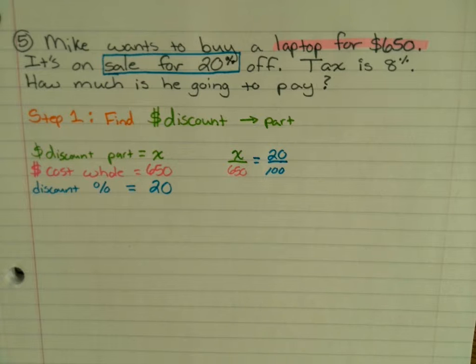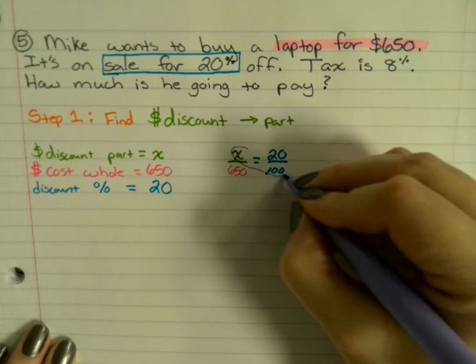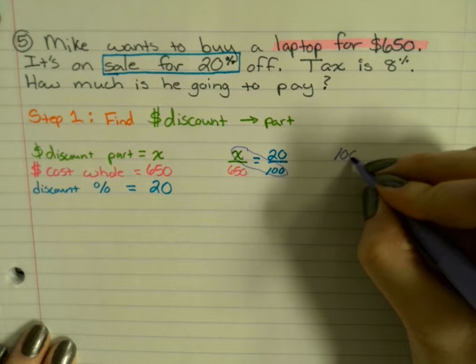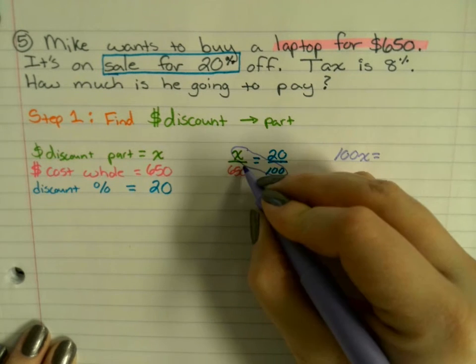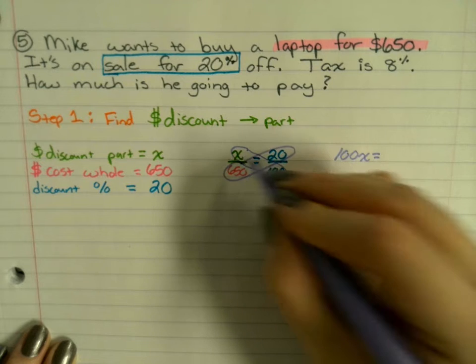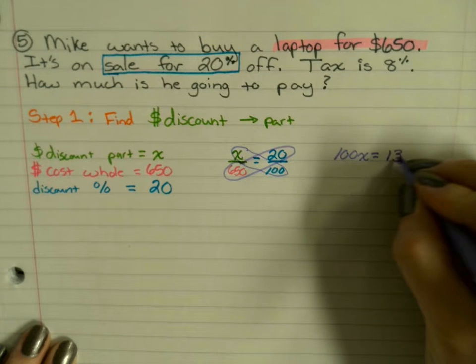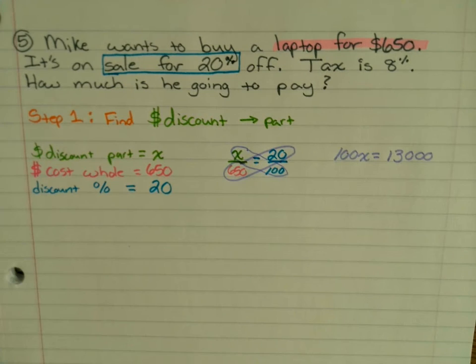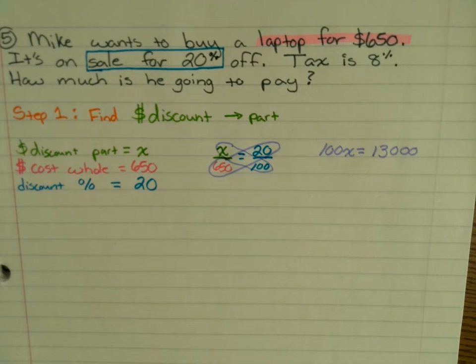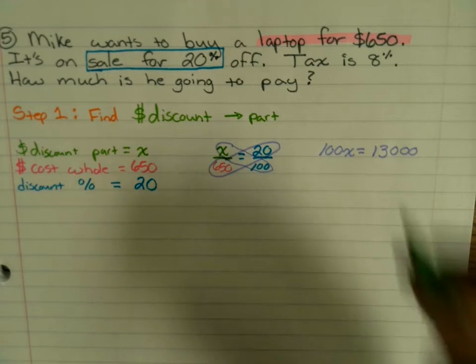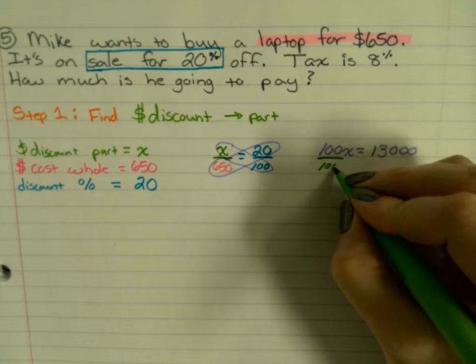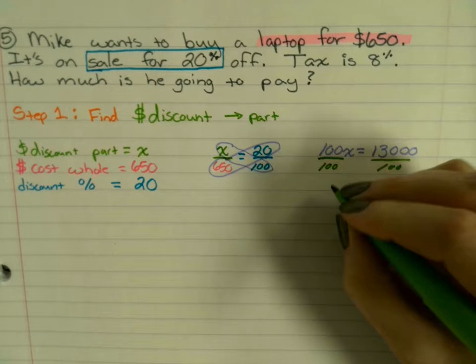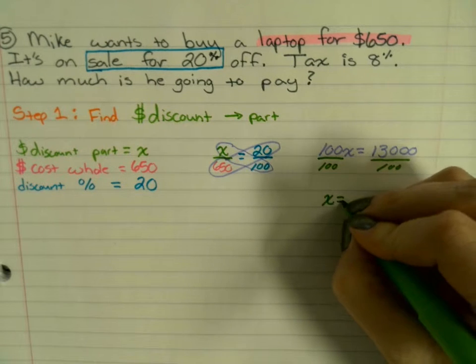Then we do our cross product. We multiply X times 100 to get 100X. We multiply 650 times 20, and that gives us 13,000. Once we have that set up, we would then just go ahead and divide by 100. And we're going to find out that X, in this case, is going to be equal to $130.